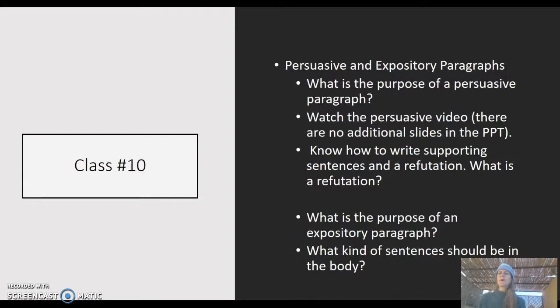Do not forget that. And then we also talked about the expository paragraph. Know what types of sentences should be found in the body of an expository paragraph, and particular characteristics about an expository paragraph, like the fact that it does not express any opinions.